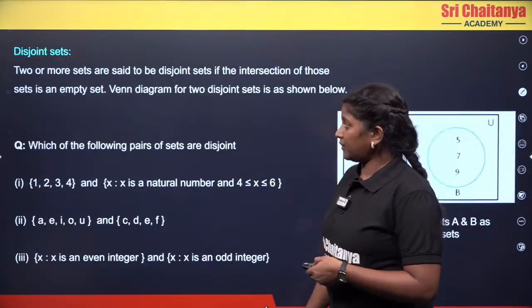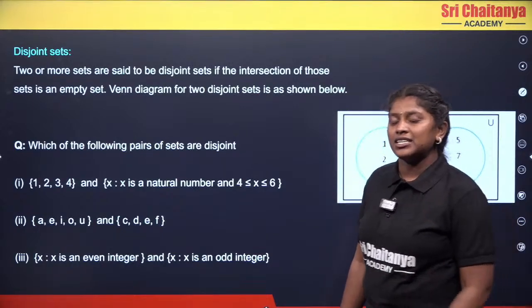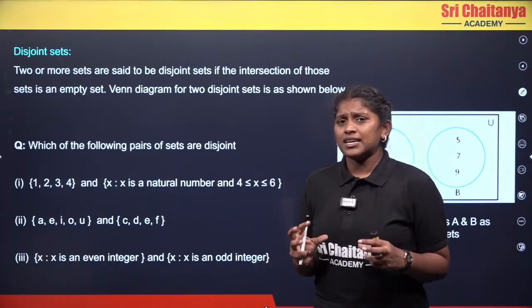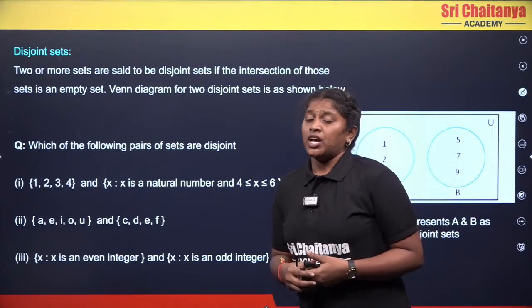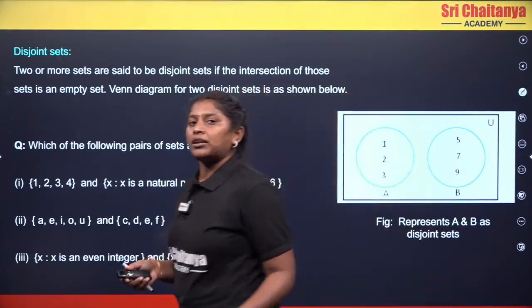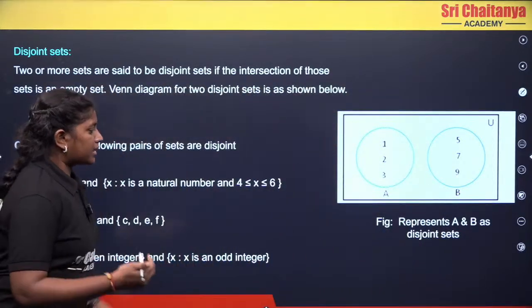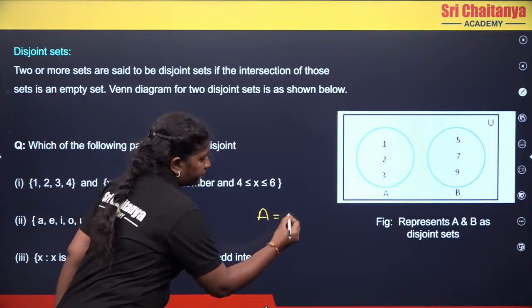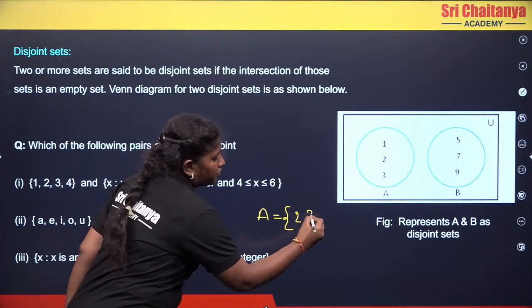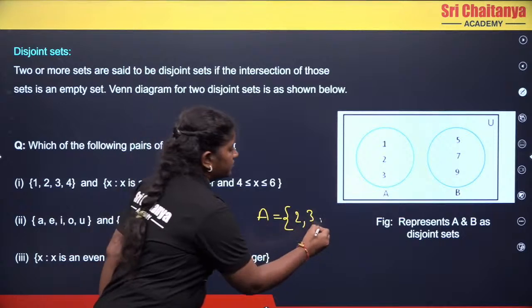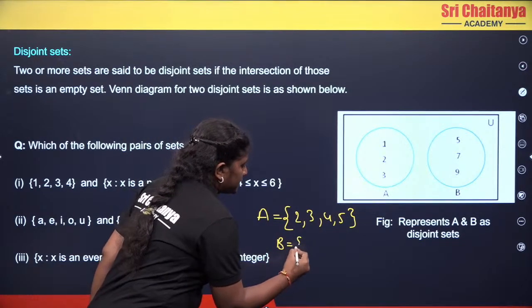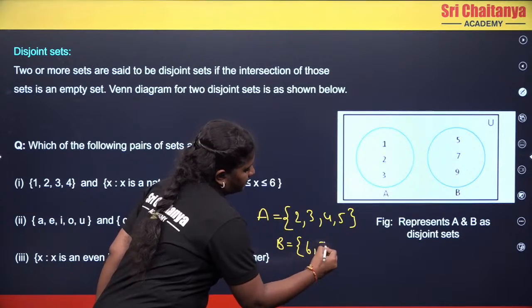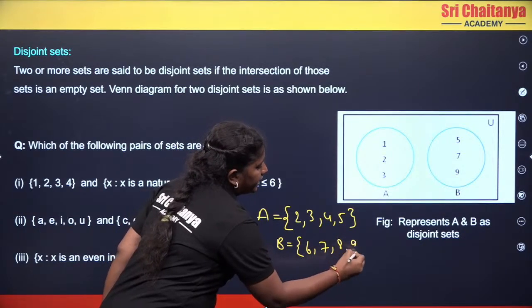Okay, now moving to the next, the disjoint sets. Disjoint sets is nothing but an extension of the intersection. If we do not have any common elements between two sets, consider an example of A, which is the set of 2, 3, 4 and 5, and another set B, which is the set of 6, 7, 8 and 9.